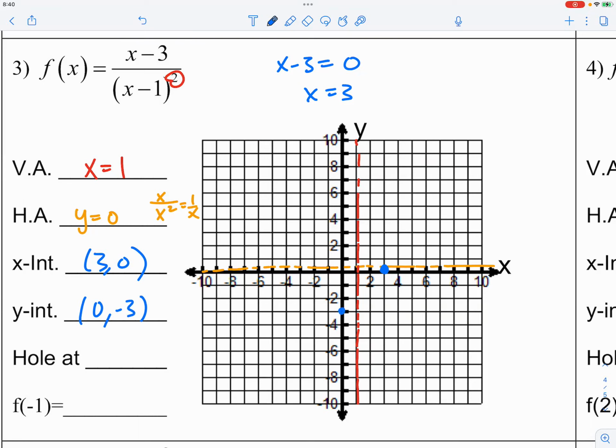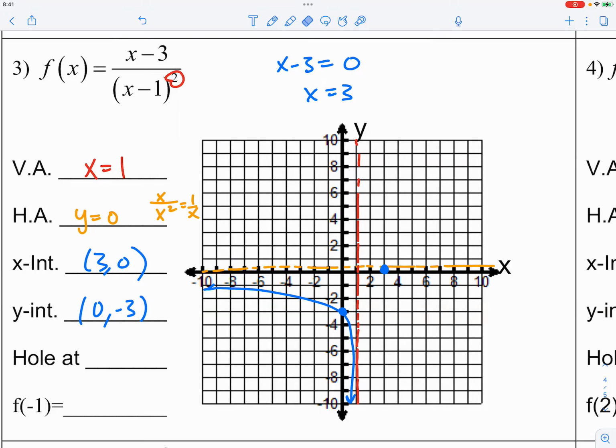Okay. Now, this is the challenge right here. How would you draw the graph? Well, like I said yesterday, let's just look at the left-hand side of the vertical asymptote. Would you draw the graph above or below? It would have to be below because you got to cross the y-intercept at the predetermined location.